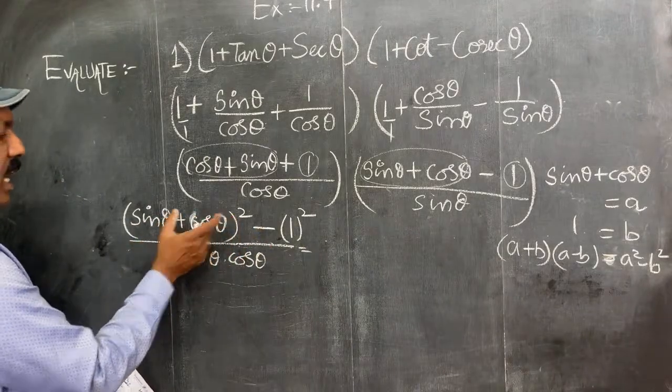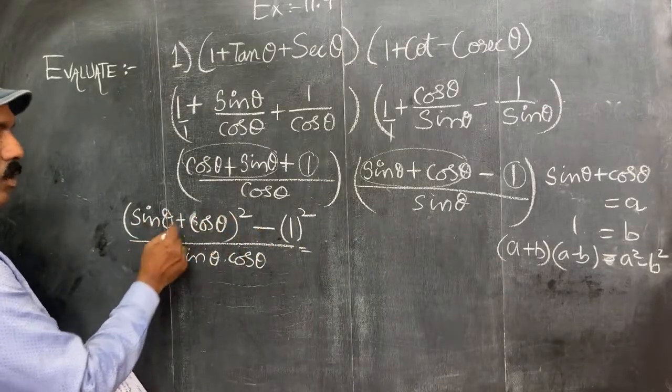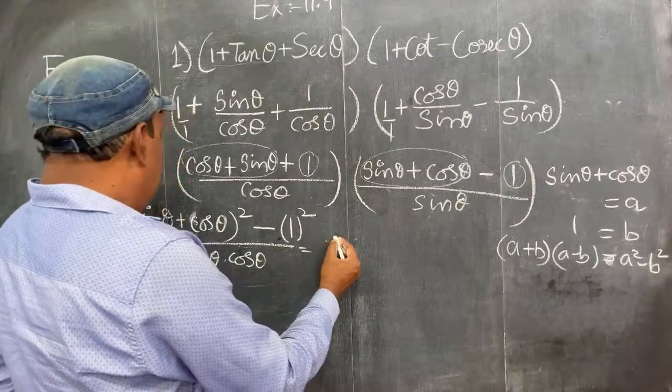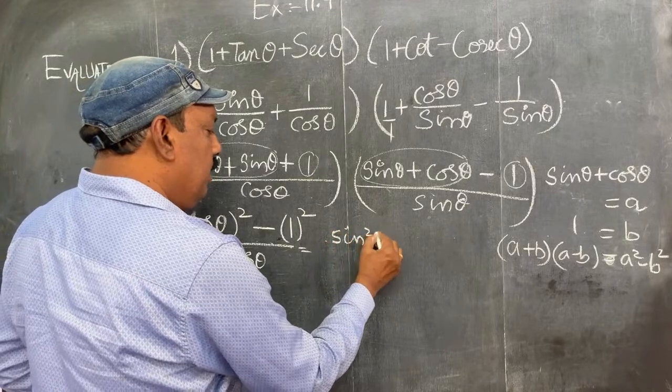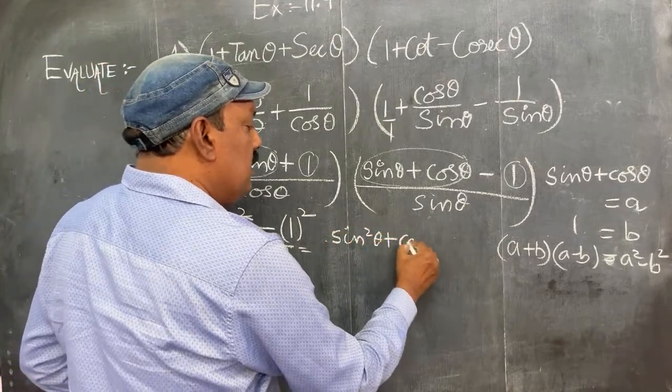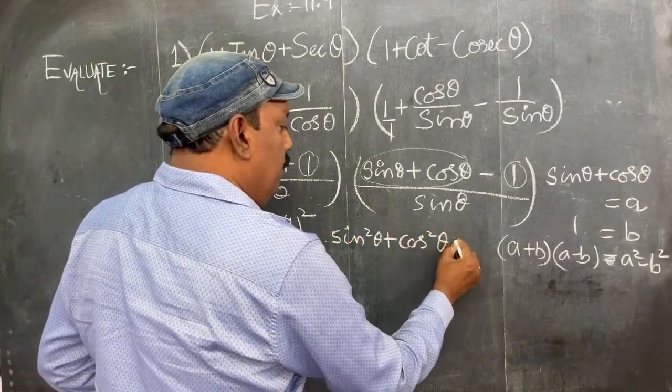Why? Because this A is actually (a plus b) whole square. So we are considering this as sin square theta plus cos square theta plus 2 sin theta into cos theta, that is a square plus b square plus 2ab.